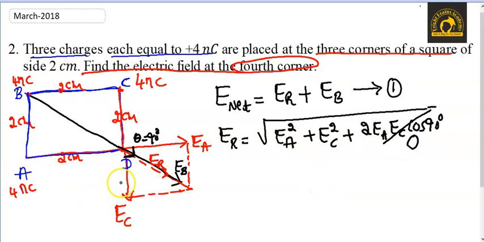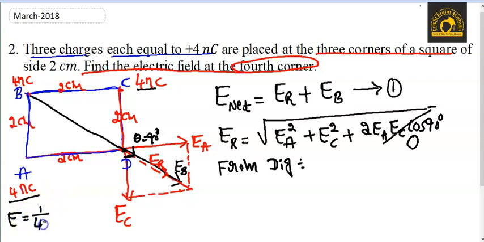Now look at the diagram. From the diagram, this is 4 nanocoulomb, this is also 4 nanocoulomb. We have to find the electric field. You know that the electric field due to a point charge is equal to 1 divided by 4 pi epsilon naught, q divided by r square.